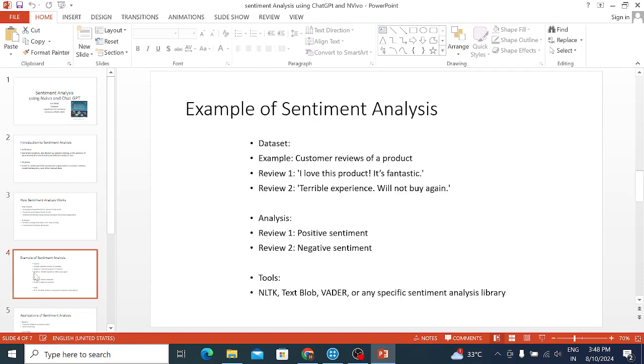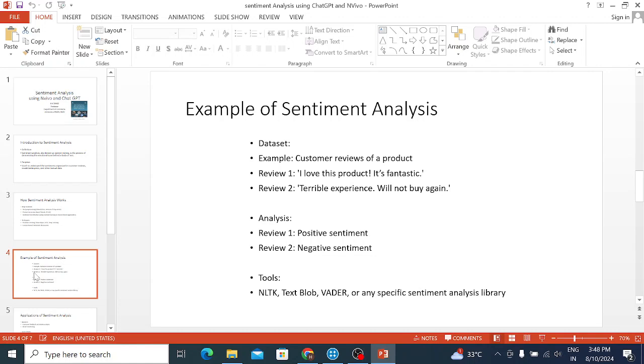Now, once you provide the data set to a machine, there are several algorithms to do that. I'm not going into detail of that, but let's say one such approach is that you assign a polarity. So let's say, "I love this product, it's fantastic." The first review is a positive sentiment because "I" is neutral, "love" is +1, "this" is neutral, "product" is neutral, but "fantastic" is +1.